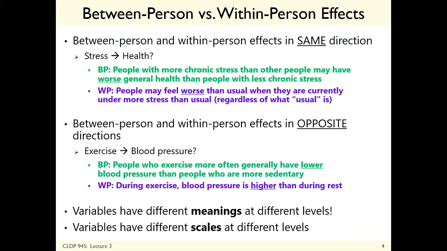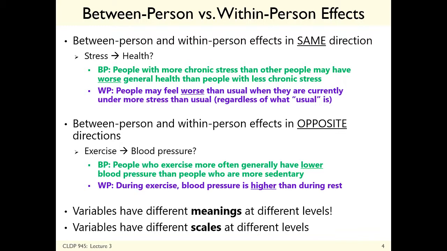Because the only inference I can make if I've measured each person once is that it's a between-person difference. People with more stress have worse health than people with less stress. The same could be true in a longitudinal study if I took an average of all the stress measurements for a person and I related them to an average of all the health measurements for a person.